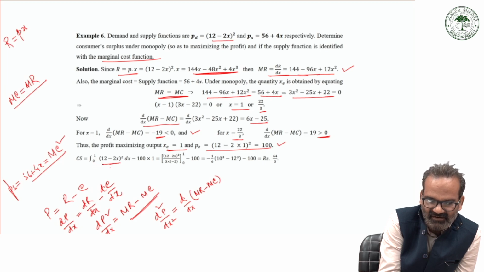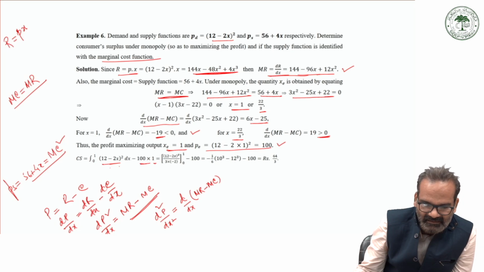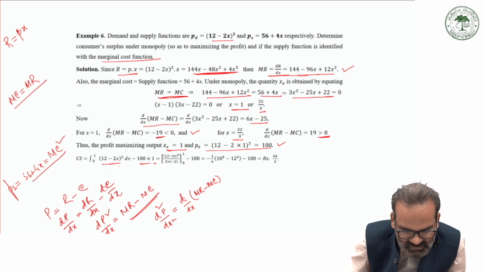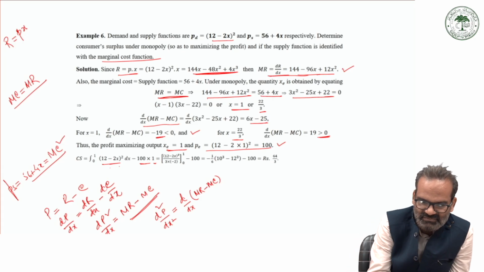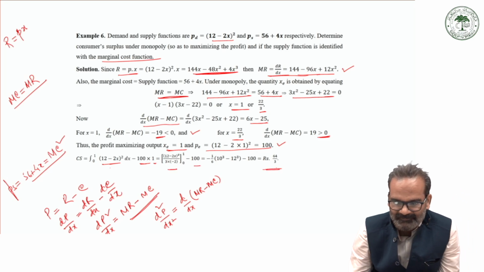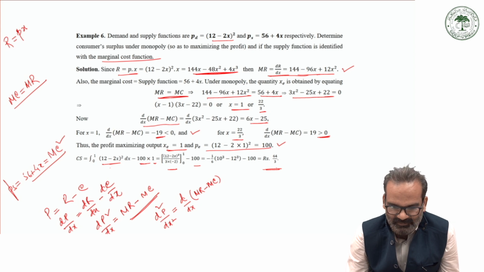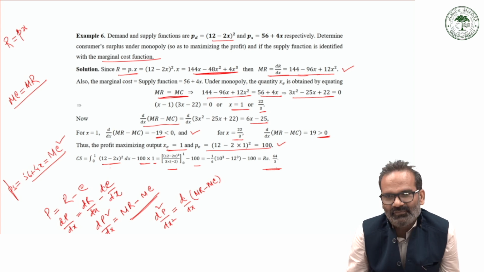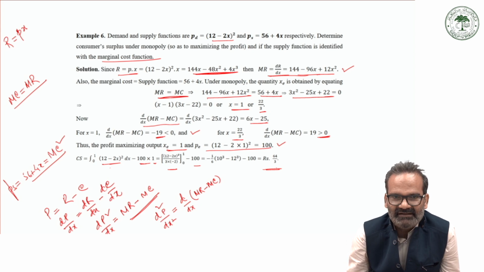This is our demand function. 100 is the price, the value of x is 1. Now integrate this. The integral of this is (12 minus 2x) power 3 upon 3 into minus 2. You can integrate this in many ways. Minus 100, substitute these values and then simplify it. The consumer surplus is coming out to be 64 divided by 3 in rupees, right?